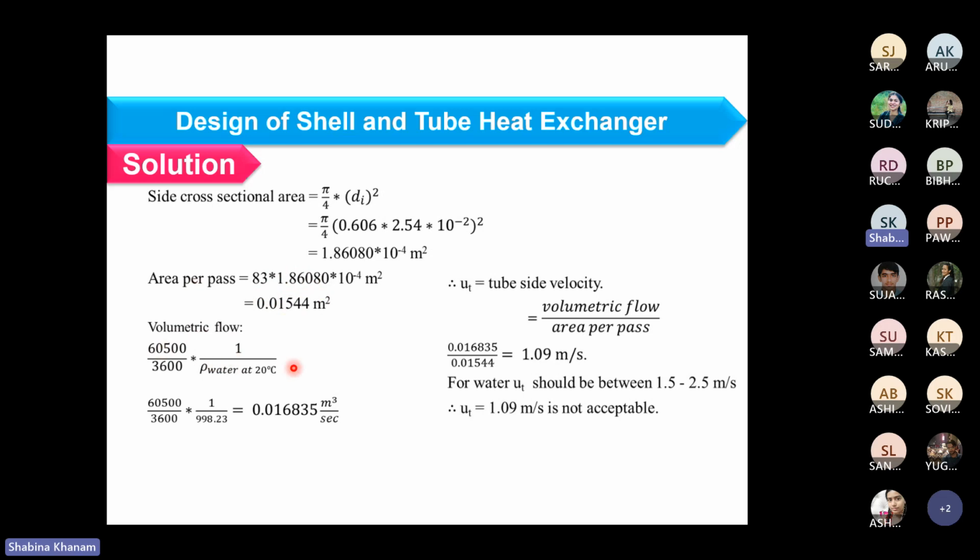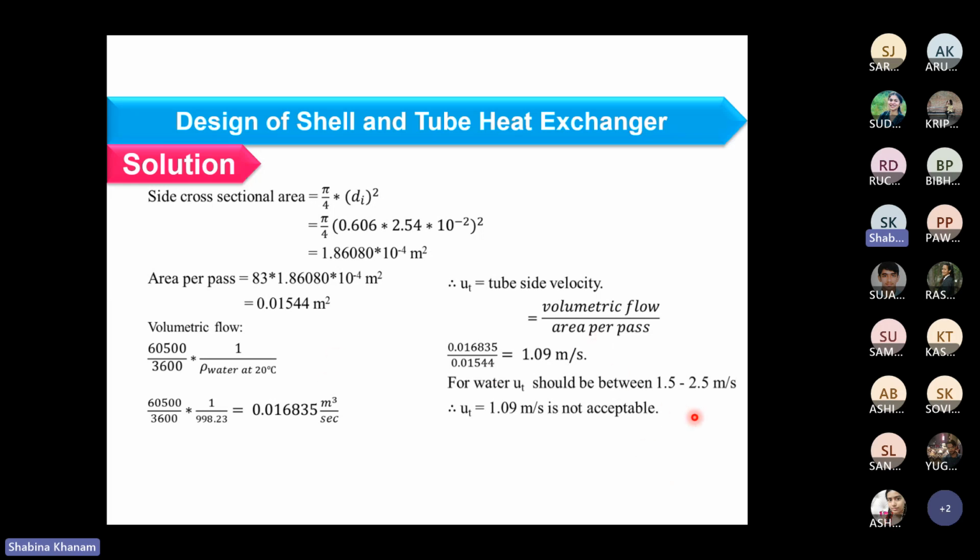Volumetric flow you are already aware of, you know the density, so you can simply calculate the velocity. I don't need to explain that. But my point is, the velocity you are getting is 1.09 meter per second. If it were a fluid other than water, that would be okay, because it should be 1 to 2 meter per second.